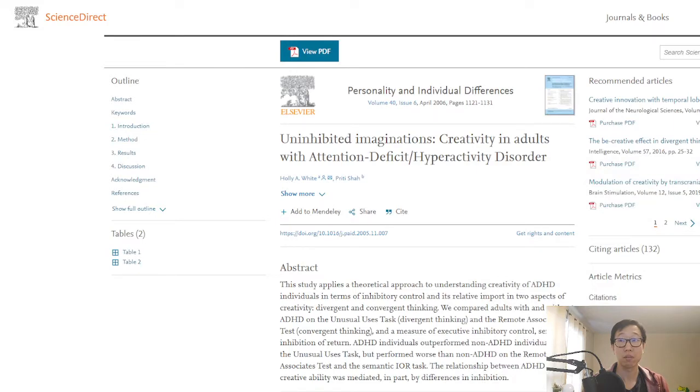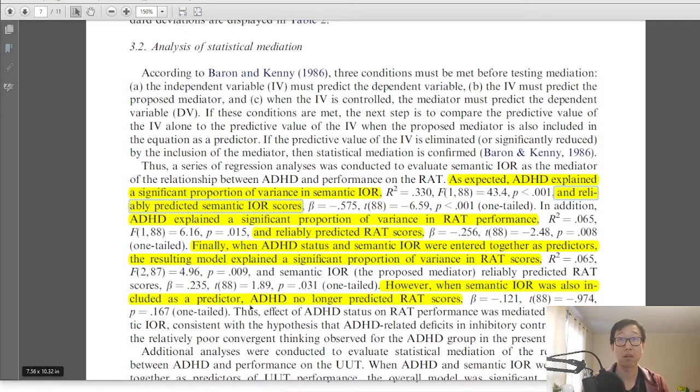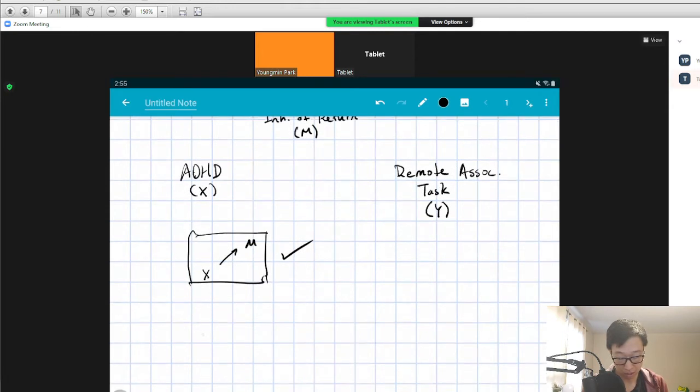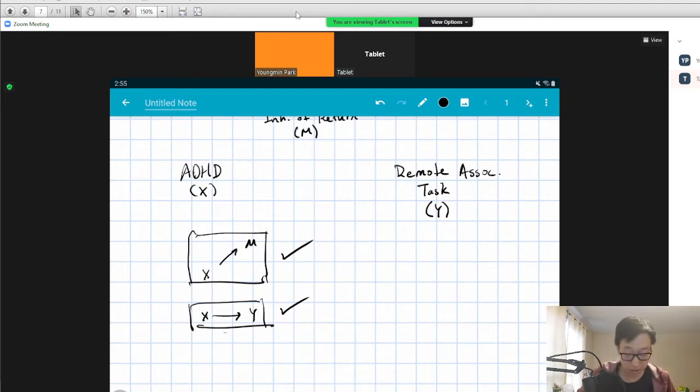Next, ADHD explained a significant proportion of variance in RAT performance and reliably predicted RAT scores. So the remote associates task, we get ADHD, X to Y, in a statistically significant way.